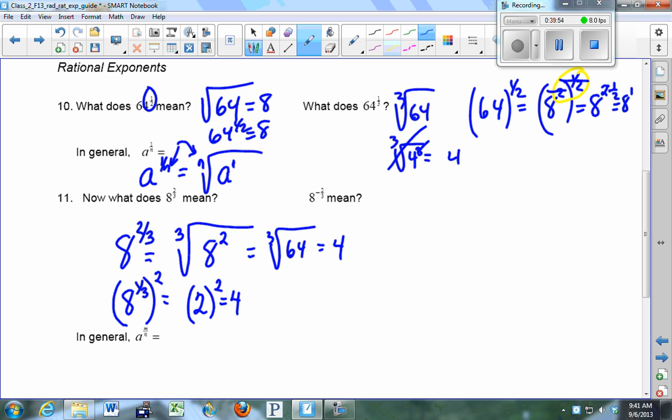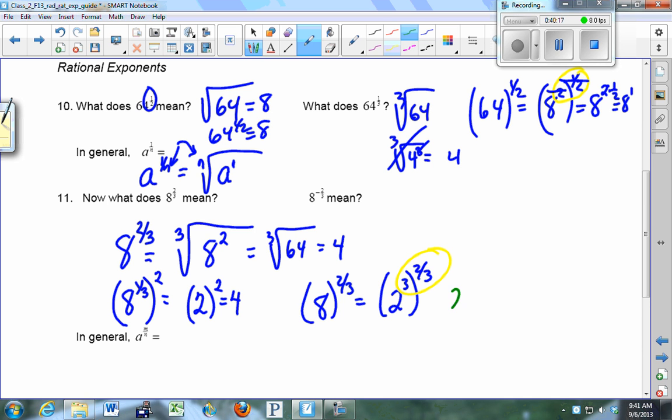It's usually easier to take your root first and then apply your numerator, the exponent in the numerator. And here's one other version of that same problem. You can rewrite 8 like this. And now you can use your exponent rule right here. You can multiply those and you get 2 to the 3 times 2/3. Your 3's cancel out and you get 2 squared, which is 4.